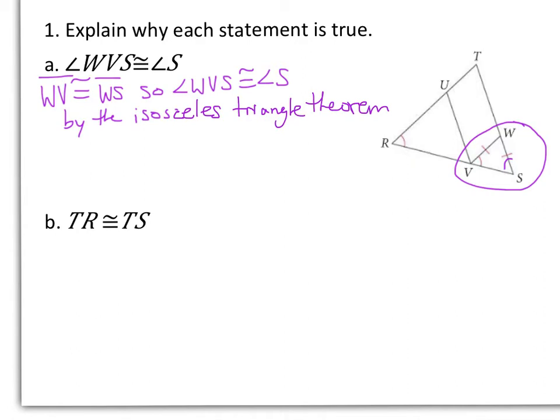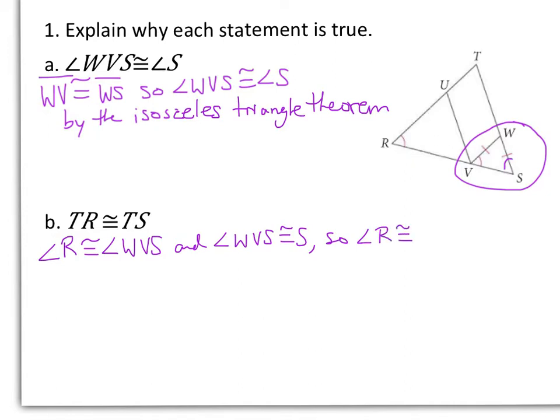Okay. In letter B, we're going to be looking at sides TR and TS. So side TR and TS are on our big triangle. We see angle R and angle WVS are congruent. So angle R is congruent to angle WVS, and angle WVS is congruent to angle S. We just saw that in letter A. So that means that angle R will be congruent to angle S by our transitive property.